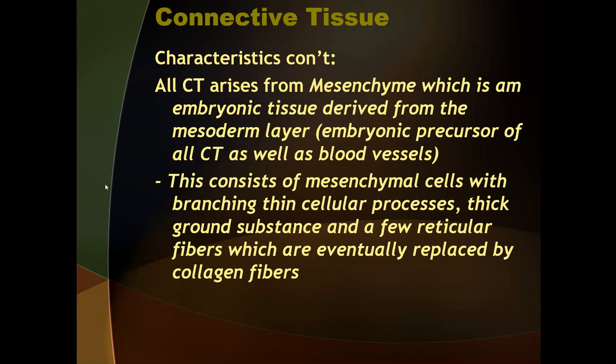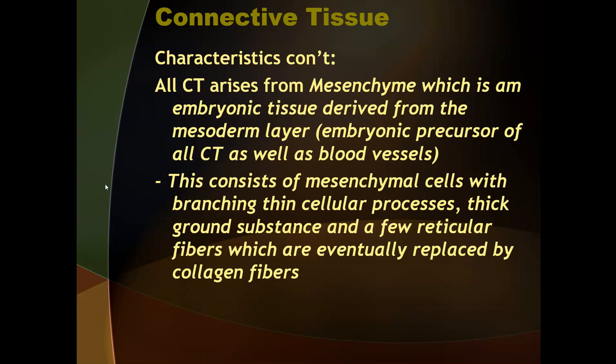So mesenchyme consists of mesenchymal cells with branching thin cellular processes, a very thick ground substance, and a few reticular fibers which eventually are replaced by collagen fibers. So that's what mesenchyme is. It's not anything yet.